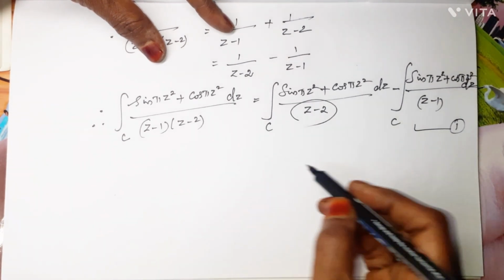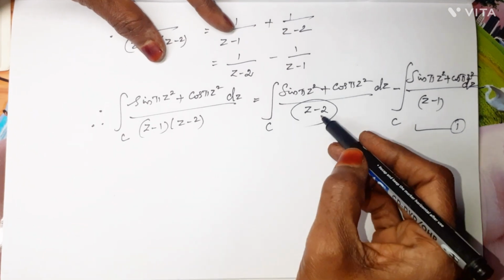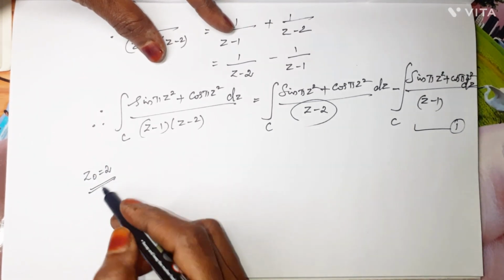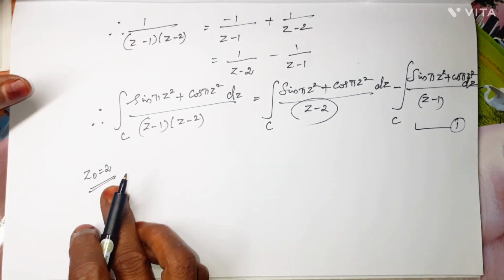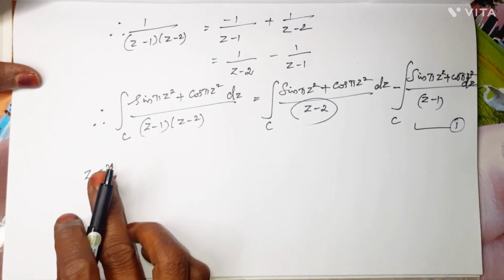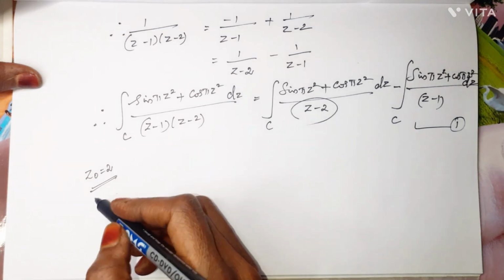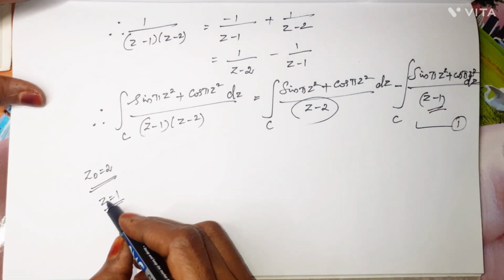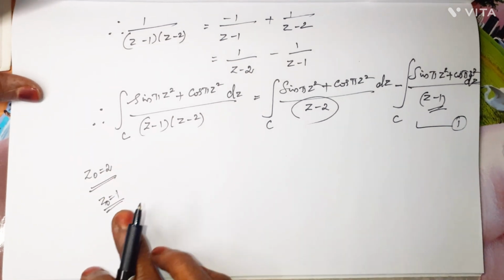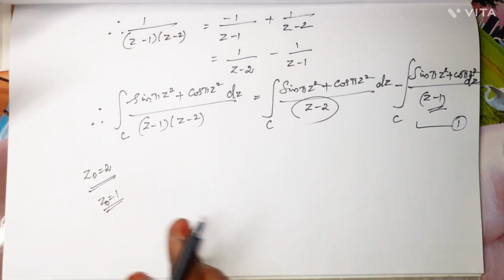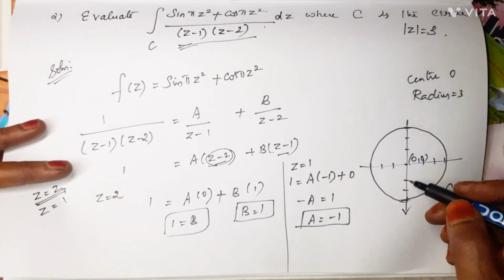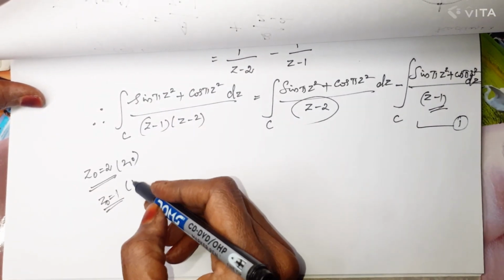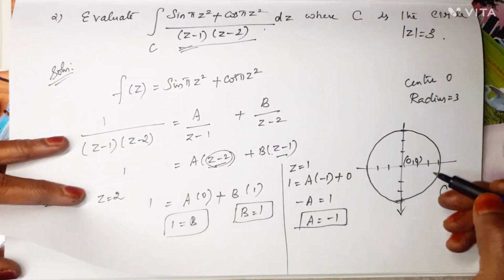So we have to find here the z0 value, in the first one z0 as 2, and in the second one z0 is 1. Z0 equal to 2 means the point is (2, 0). Z0 equal to 1 means the point is (1, 0).